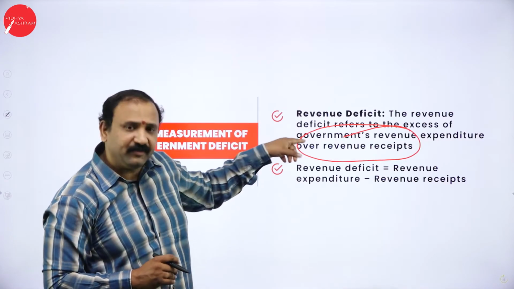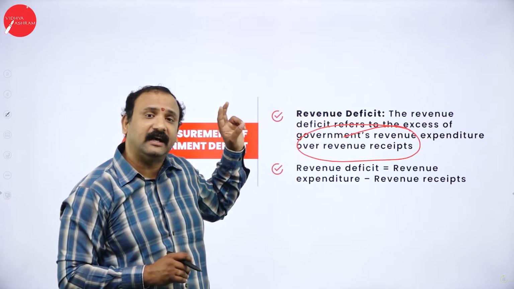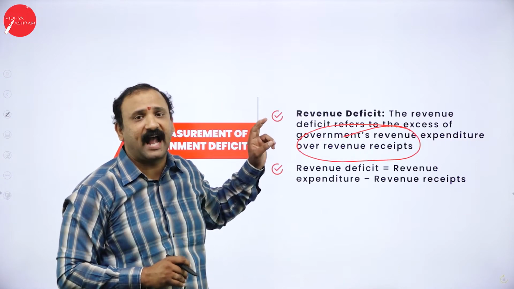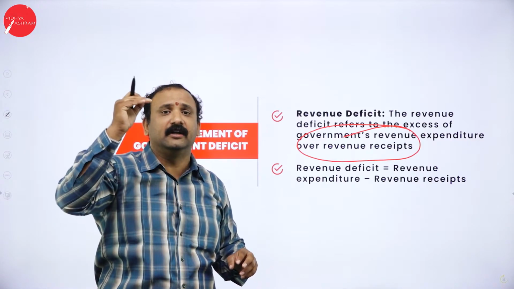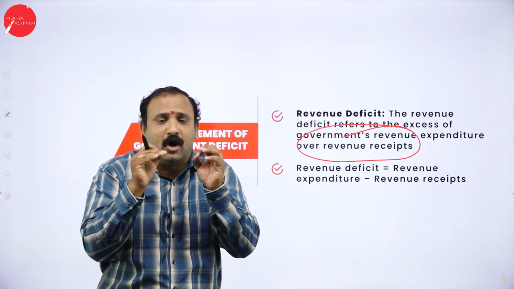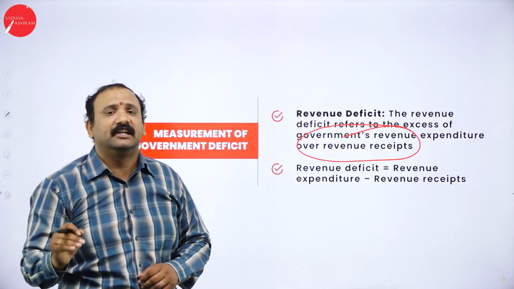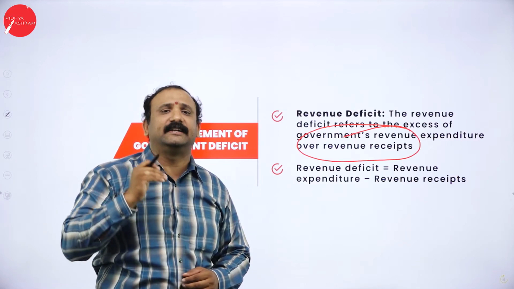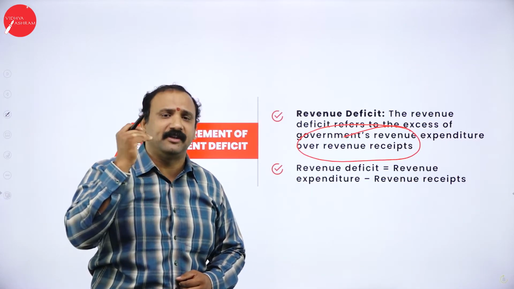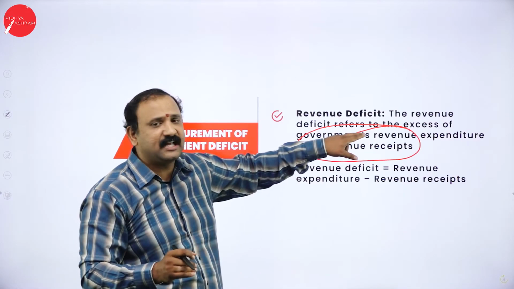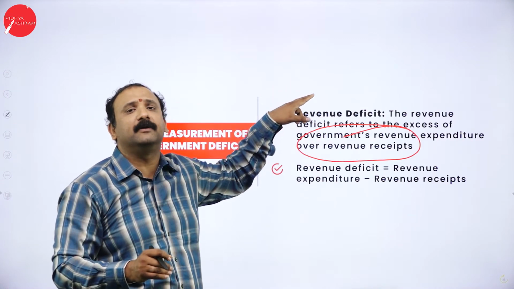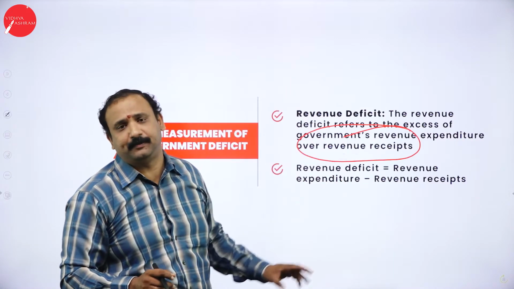But if the revenue expenditure is going higher, if the government is paying more salaries, pensions and allowances, then the revenue expenditure becomes higher than the revenue receipts.